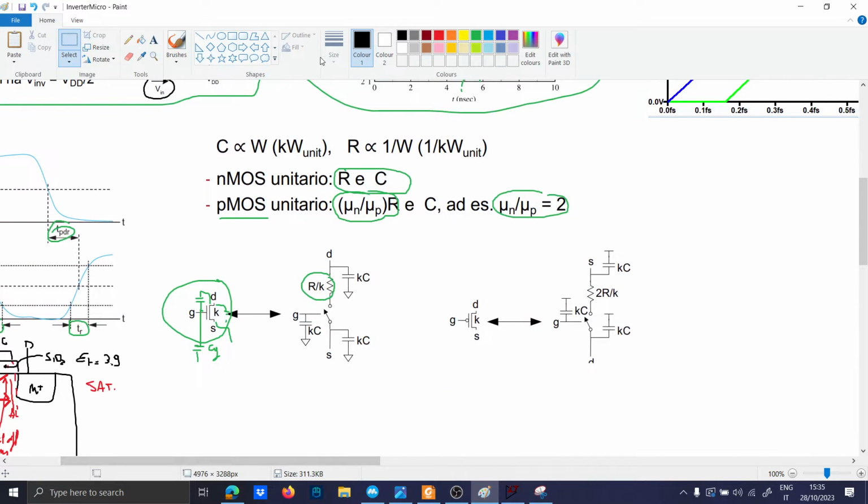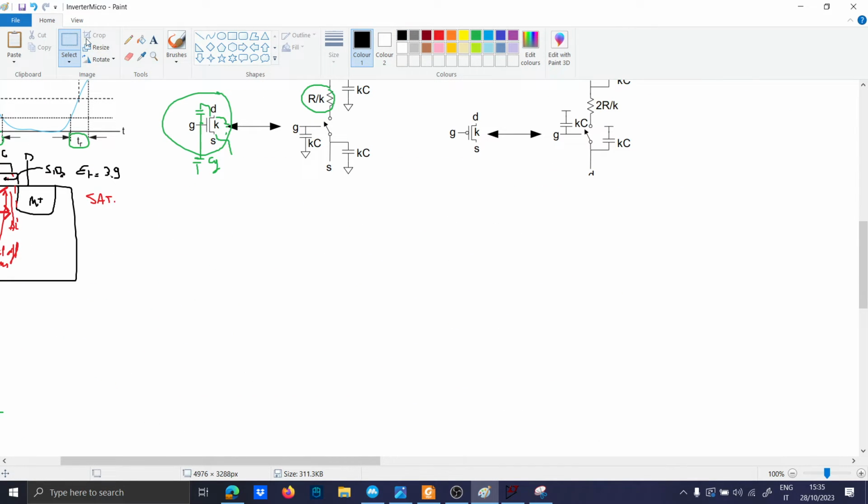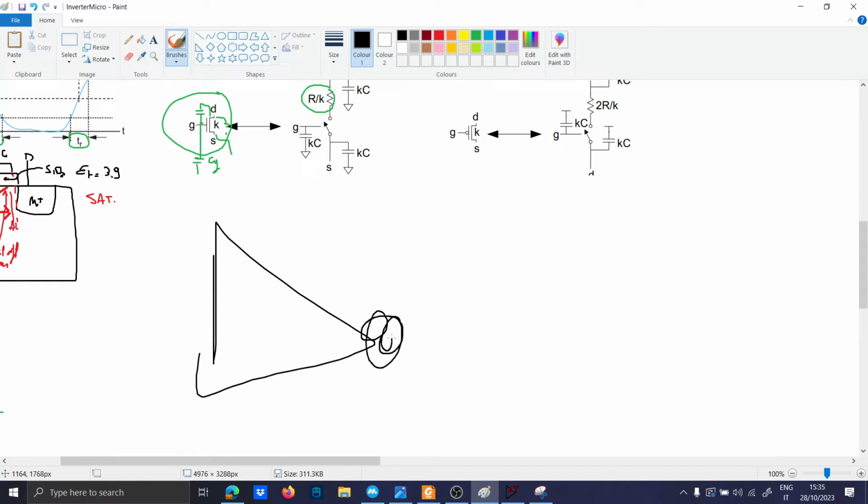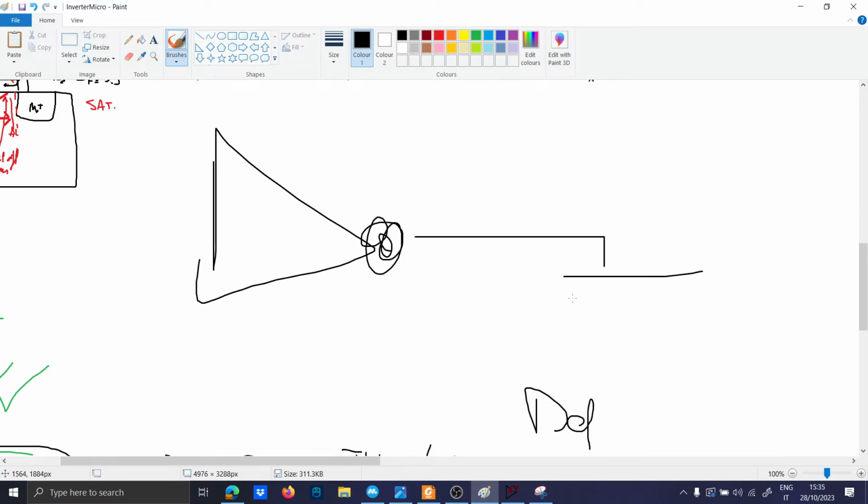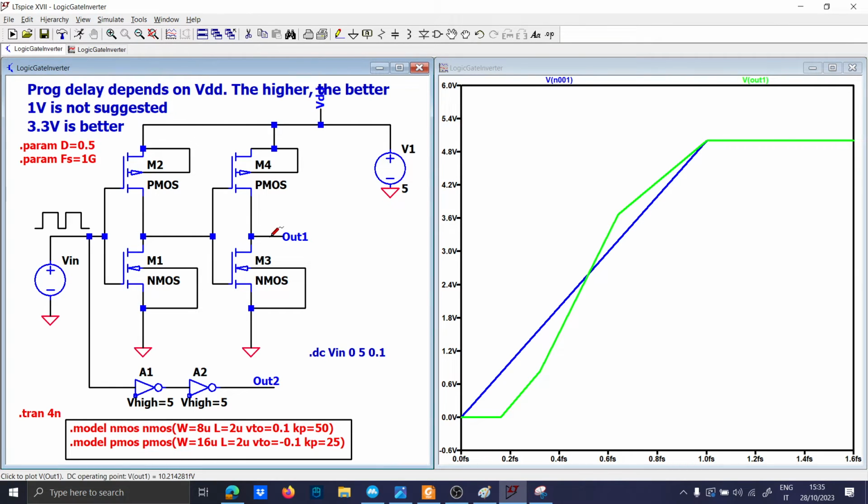So basically, you are saying that what your inverter sees, you have your inverter here with a load capacitance, CF. So we will add the load capacitance here.